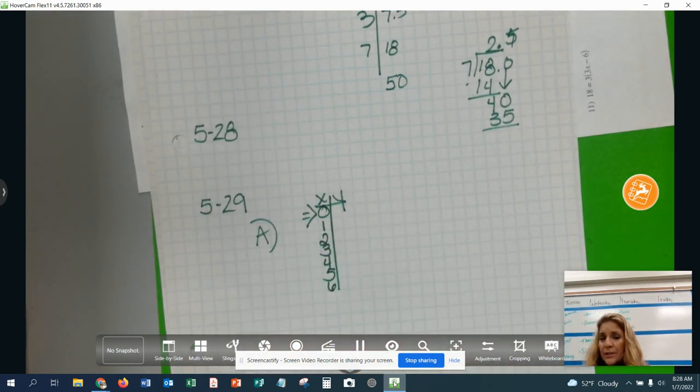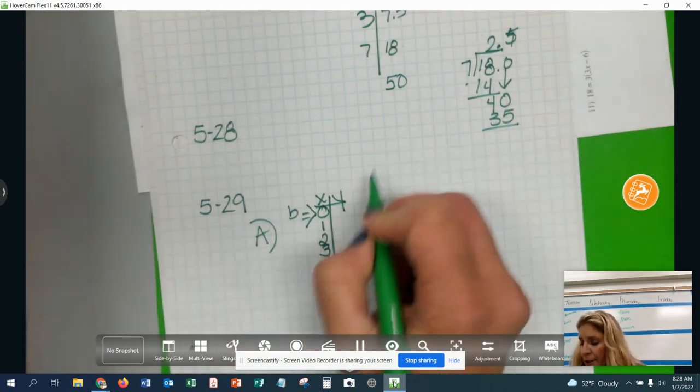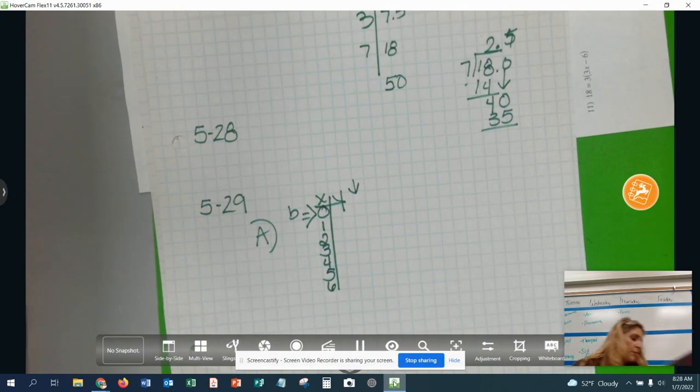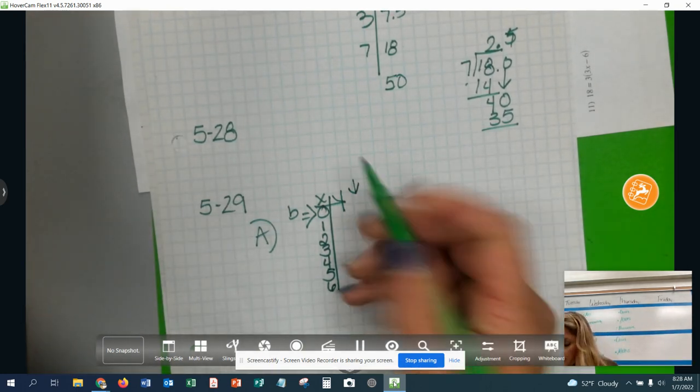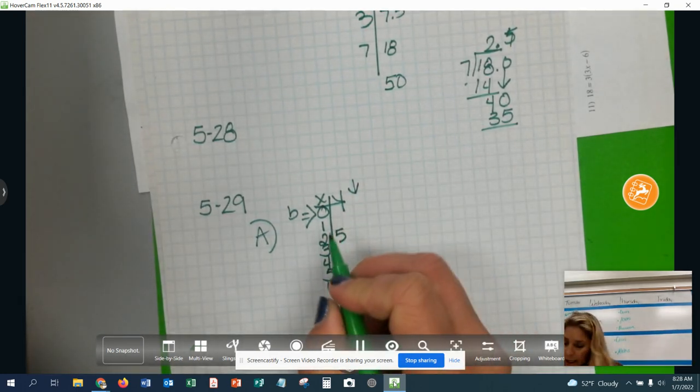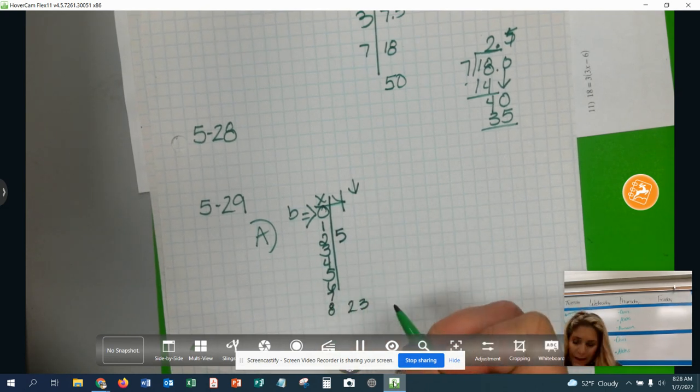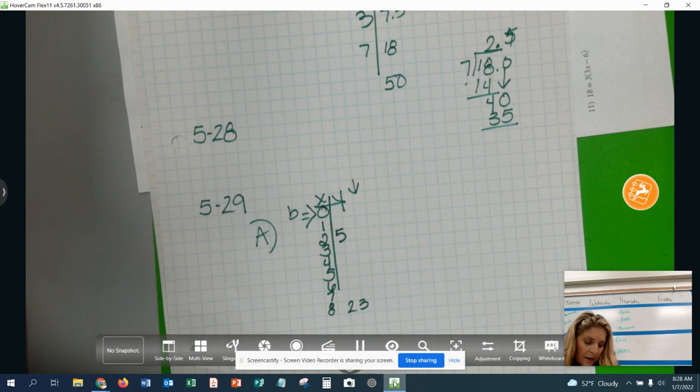And remember that your 0 is the B, and your slope is whatever is right here. So on this one, the clues are 2 and 5, 8 and 23, and then they're giving you a -3 and 10.